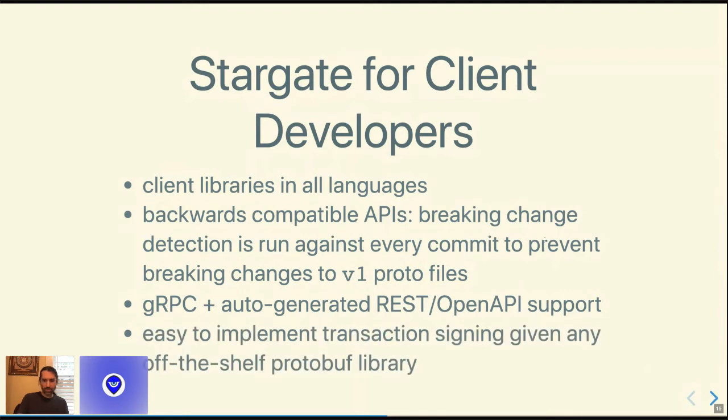Another thing I want to note is that transaction signing for protobuf is pretty straightforward to implement given any off-the-shelf protobuf library. Basically, if you have a protobuf library, maybe it's an additional 20 lines of code to get signing working for all message types. There's no extra things in addition to that, at least for the most basic sign mode direct protobuf signing.